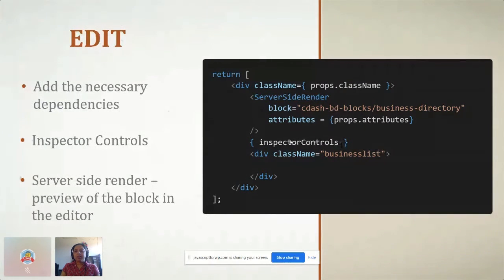And the other thing, when I'm returning the business directory listings inside my edit, I use the same class, the business list. This is the same class that I'm using for displaying it on the front end. And by adding all my styles in the block editor, I can actually show exactly if the 3-column layout, the users can see the listings in the editor, the preview as a 3-column.